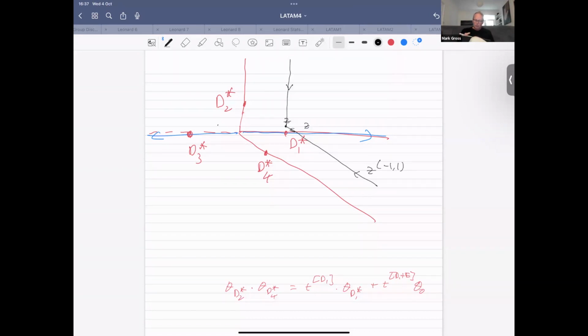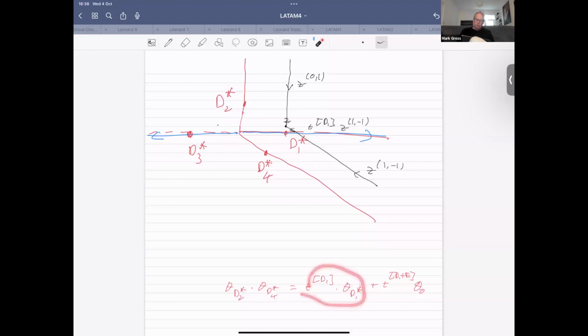It picks up a copy of T to the D1 times Z to the 1, minus 1. The other one will have attached monomial Z to the 0, 1. When you multiply these together, you get this coefficient times Z to the 1, 0, pointing this way, agreeing with D1 star.